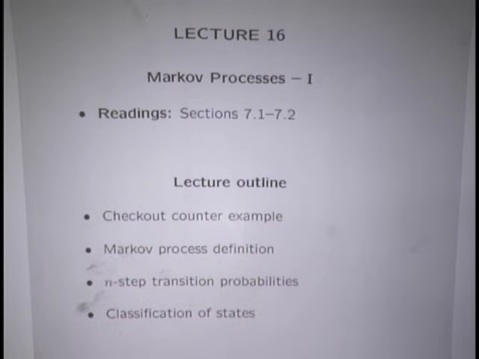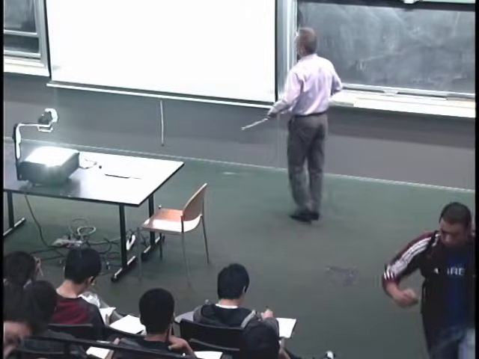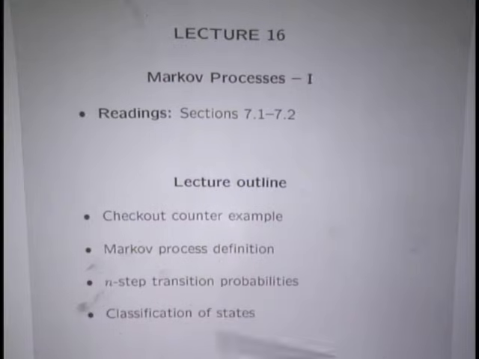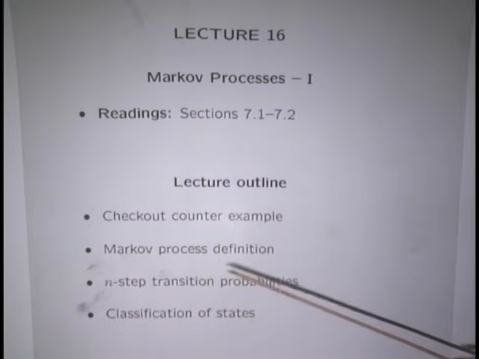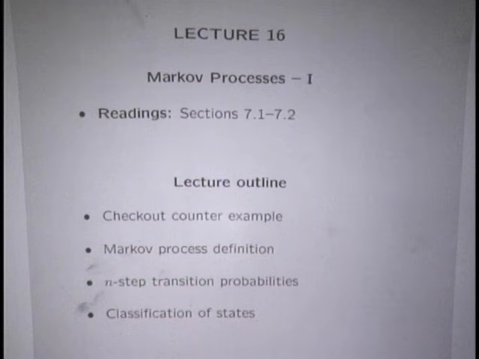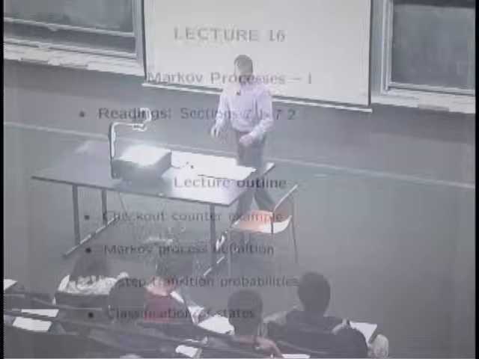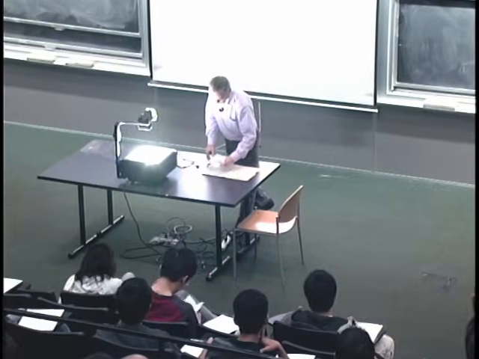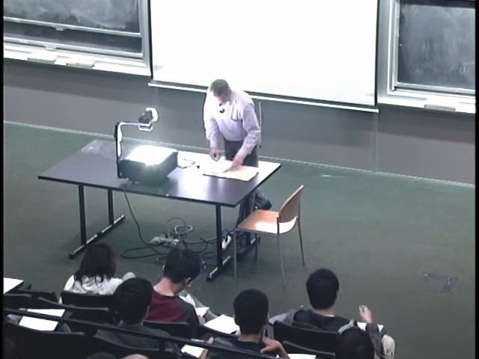Then we're going to abstract from our example so that we get a more general definition. And then we're going to do a few things, such as how to predict what's going to happen n time steps later if we start at a particular state, and then talk a little bit about some structural properties of Markov processes or Markov chains.